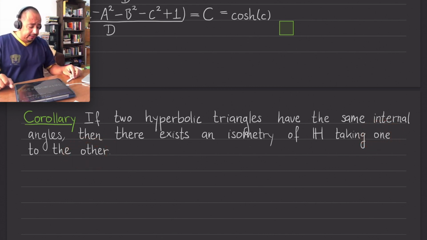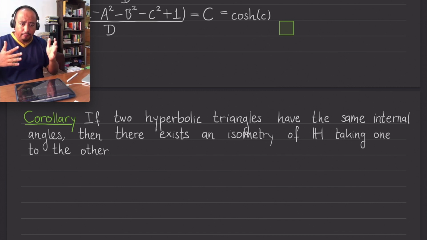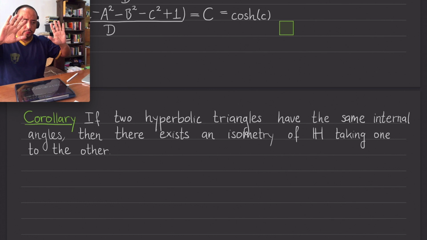And this should be clear given what we have proved before. Namely, if you have your two triangles with the same internal angles, then first of all we know that the sides have the same length.